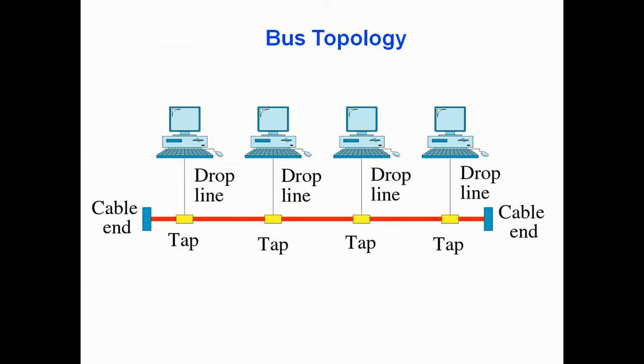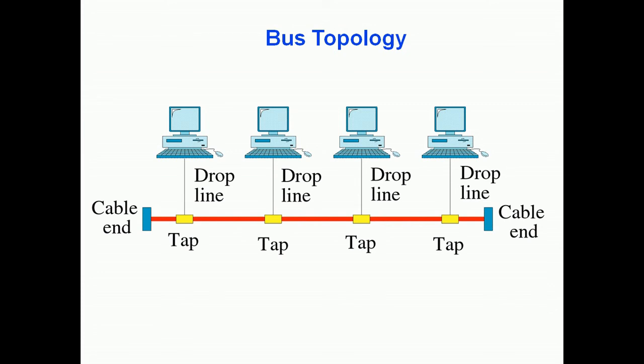In this diagram there are 4 computers and they are connected to that long cable. The point where the computer and long cable connect is known as tap. The line which connects from the computer to the long cable is known as drop line.